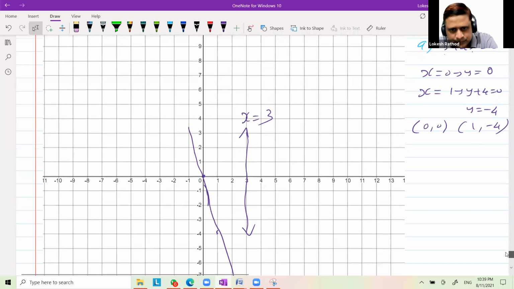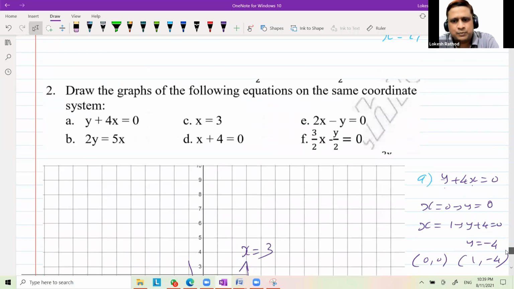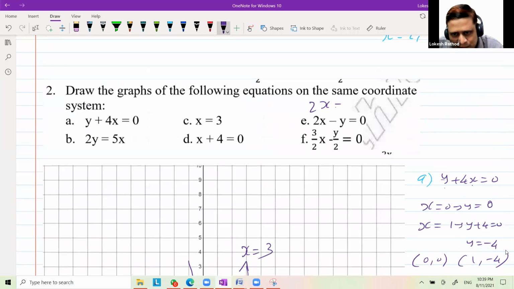Then I have 2x minus y equal to 0. So all these lines are of the same kind which we did earlier. 2x minus y equal to 0 is nothing but 2x equal to y, or rather you can say y equal to 2x. We have already drawn such line, right? Same way, 2y equal to 5x is nothing but y equal to 5 over 2x. Right? 2 goes that side. Then there is x equal to minus 4.